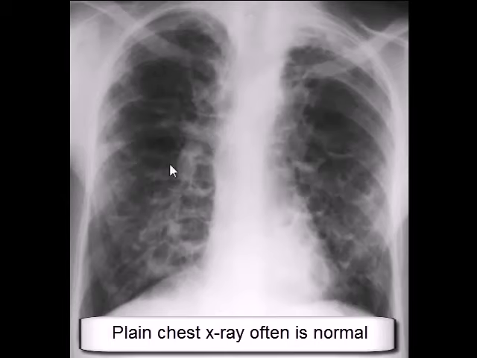Although the X-ray that we are seeing here is a very good and classic example of bronchiectasis, plain X-ray is not an ideal tool to make this diagnosis. Only severity of this disease in this patient is making the condition visible on this X-ray.